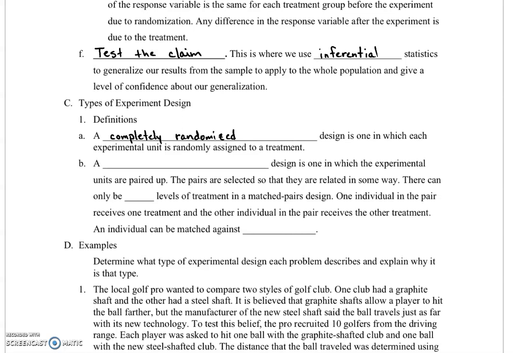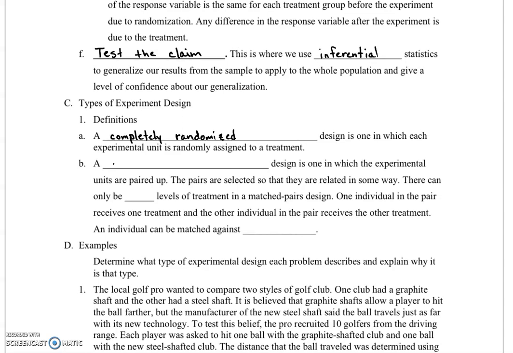So I put everybody's name in a hat, and I say I have 100 people and I need 2 groups of 50. So I put everyone's name in a hat and I randomly pick out 50 people. And I put them in one group. And then the other 50 go in the other group.